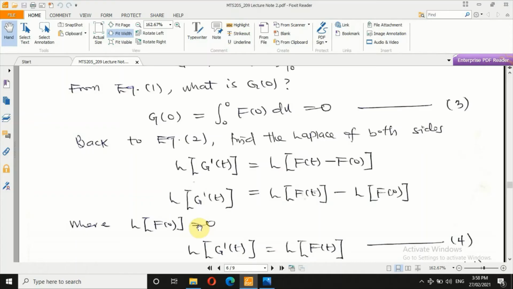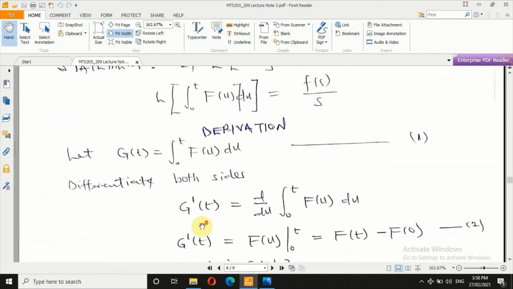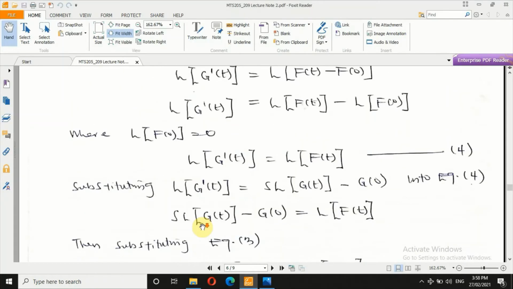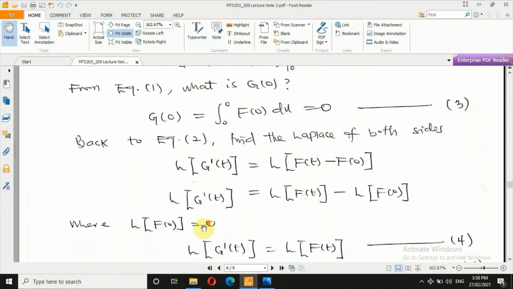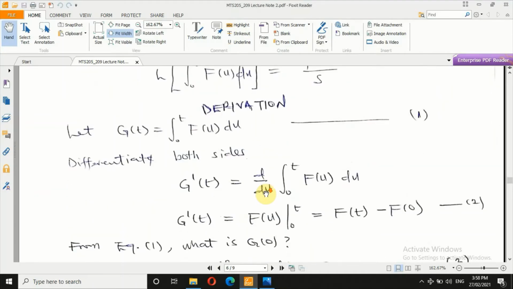How do I know it's 0? It's very simple. Come back to f of 0. Where is it? Let's go up. From here, by the time you put 0 here, you will see that f of 0 will give us 0.